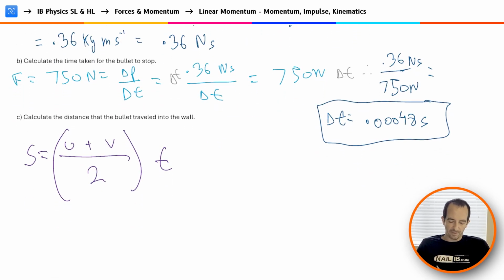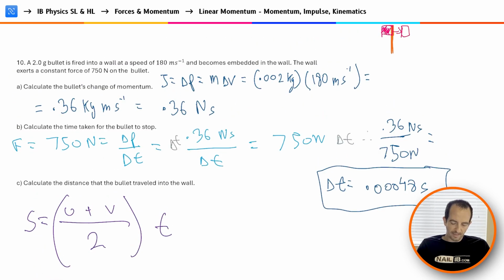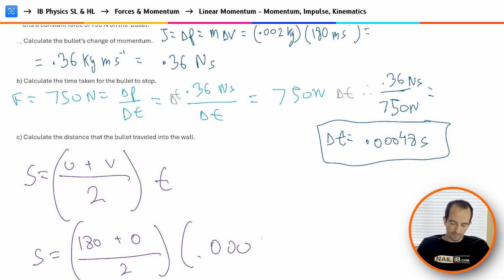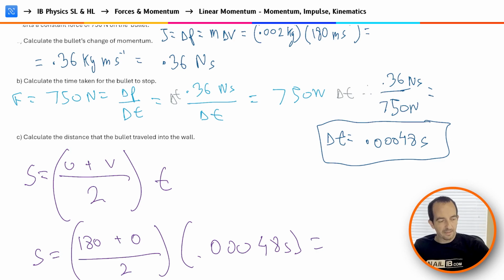And we can just plug in, we have all these numbers. Distance is equal to the initial velocity, which was 180, plus the final velocity 0, over 2, times 0.00048 seconds, which is 90 times 0.00048 seconds, giving us a final answer of 0.0432 meters.